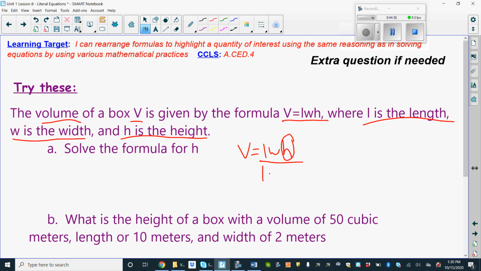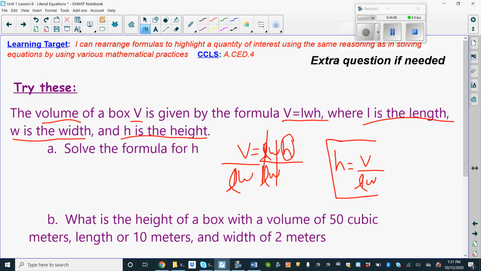I divide by whatever is not H, which is W and L, divide by L and W. So H equals V divided by LW. And I'm going to make my L like this because otherwise they kind of look like ones. So that's a script L I'm going to use, okay?